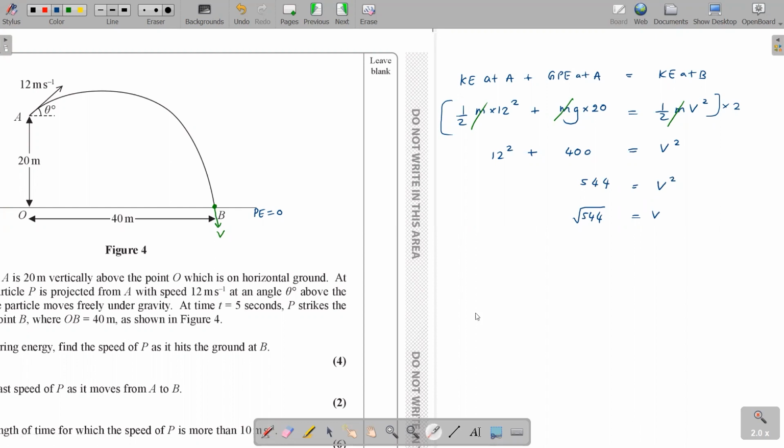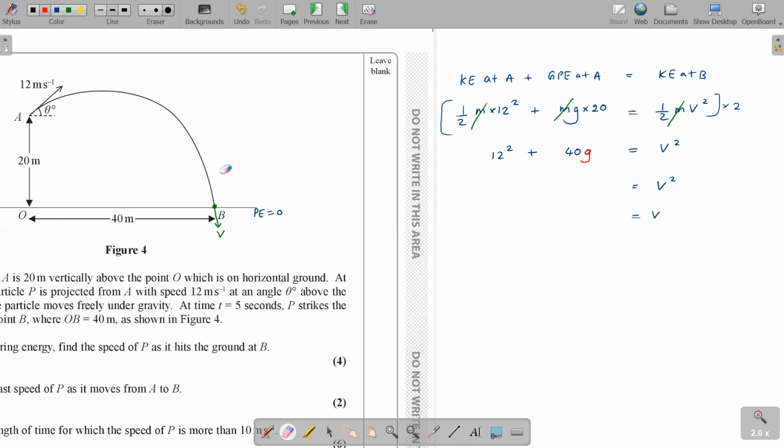Sorry, it's not 400 here, right? This is 40g, isn't it? Yeah, it's not 400. It's g times 20. When you multiply with 2, it's 40g here. Okay, sorry about that. So we need to add 12 squared plus 40g.